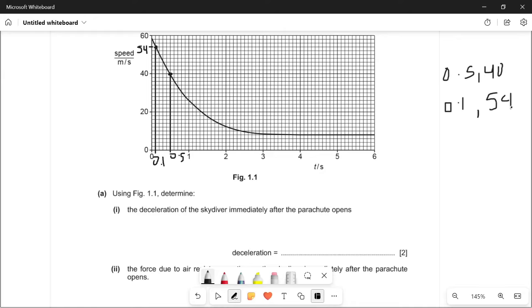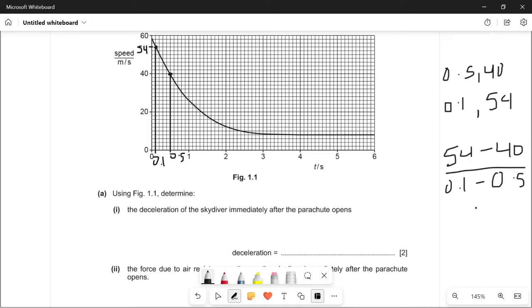These are 2 coordinates. So to find the gradient, that is going to be y2 minus y1 over x2 minus x1. So it's going to be 54 minus 40 over 0.1 minus 0.5.